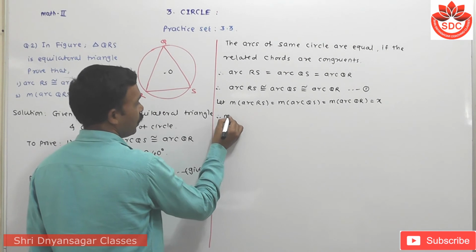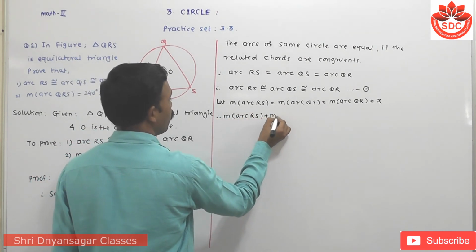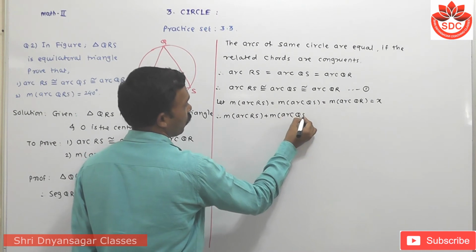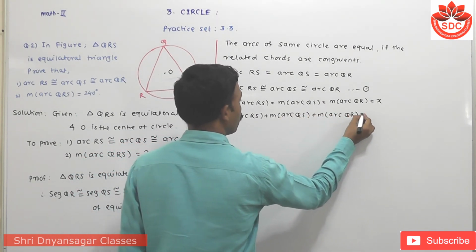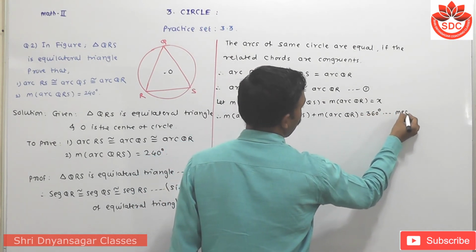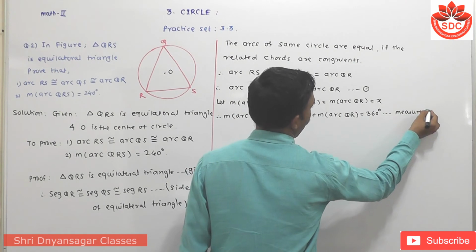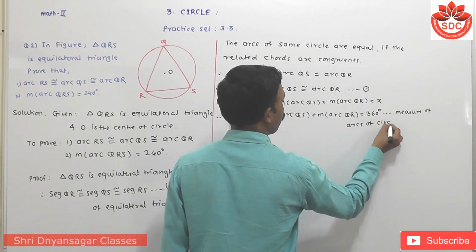So that measure of arc RS plus measure of arc QS plus measure of arc QR is equal to 360 degrees, because measure of arcs of a circle.